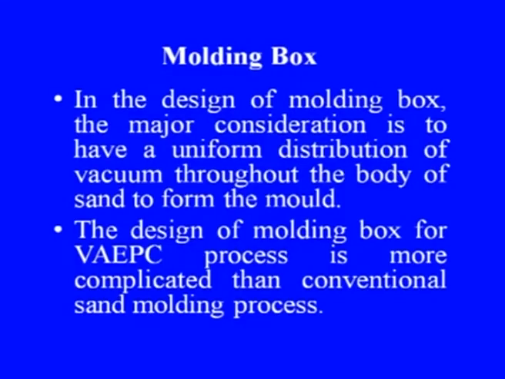The molding box. In the design of molding box, the major consideration is to have a uniform distribution of vacuum throughout the body of sand to form the mold. The design of the molding box for VAEPC process is more complicated than conventional sand molding process.